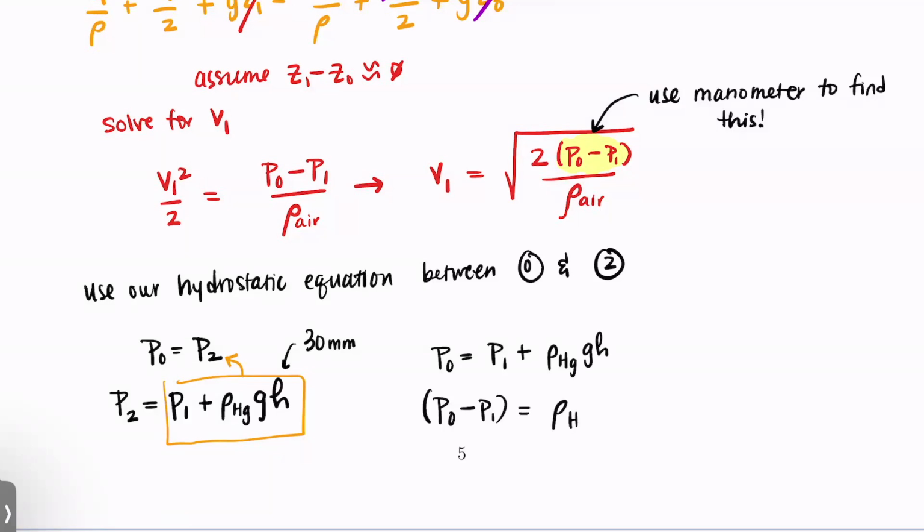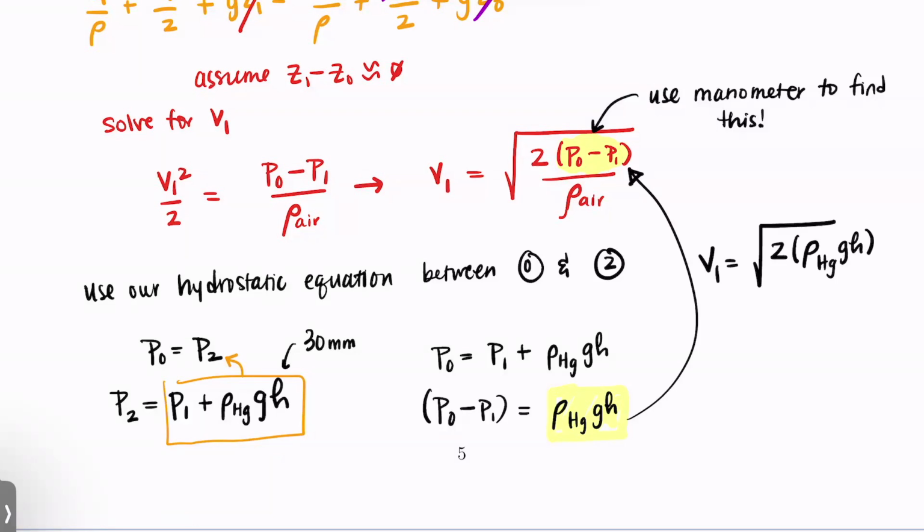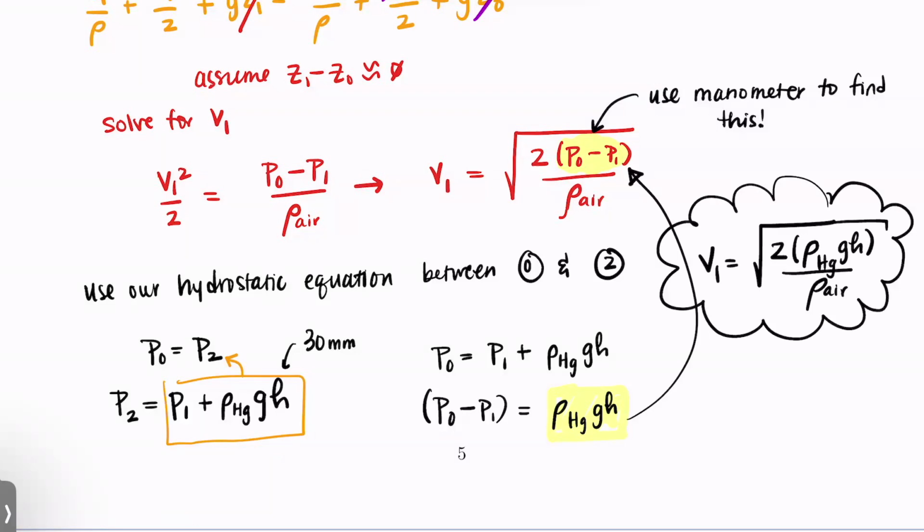So this is just the density of mercury times G times H. I'm just going to substitute that into here. And we get that V1 is equal to the square root of 2 times density of mercury times G times H divided by the density of air. Sorry for the confusion there. Does that make sense?